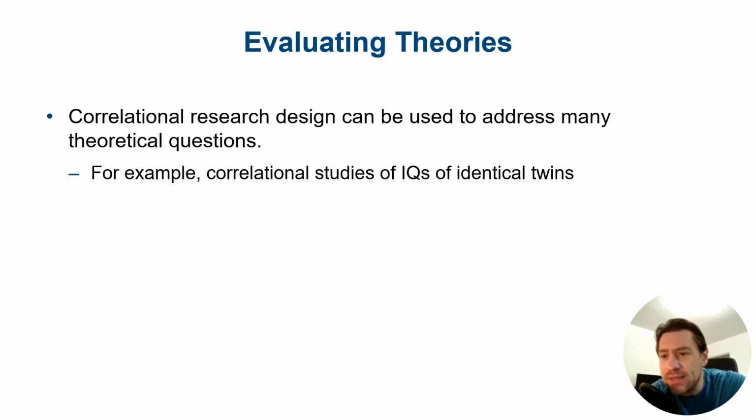And this creates a unique situation that allows researchers to disentangle the effects of heredity from the effects of environment on a whole range of factors. So the idea is you can correlate various personality measures and traits and characteristics between twins that have been reared apart.